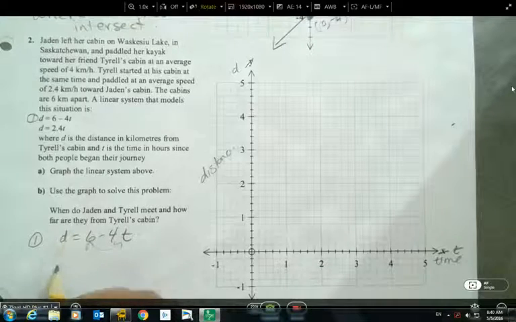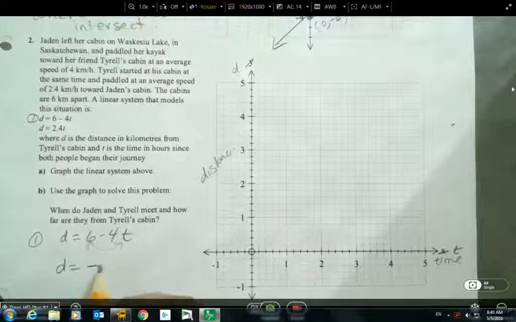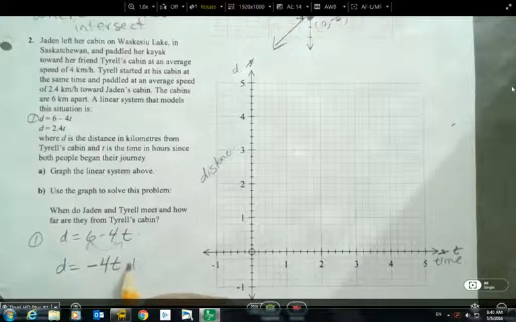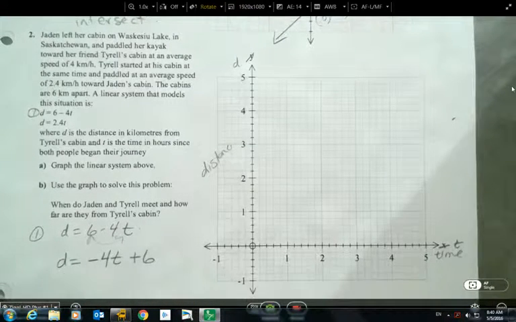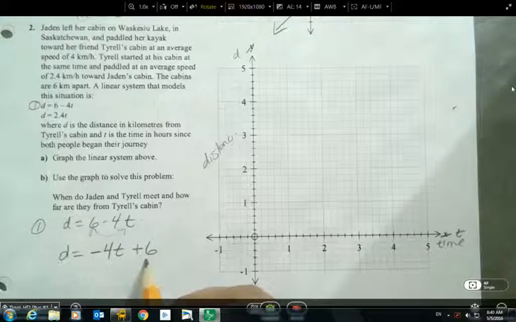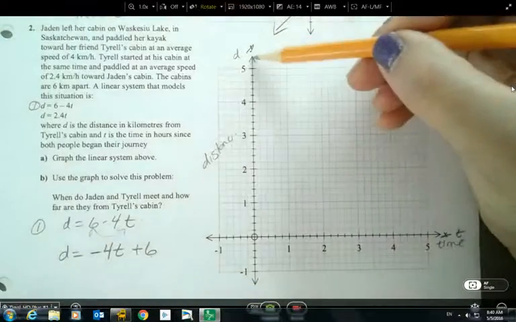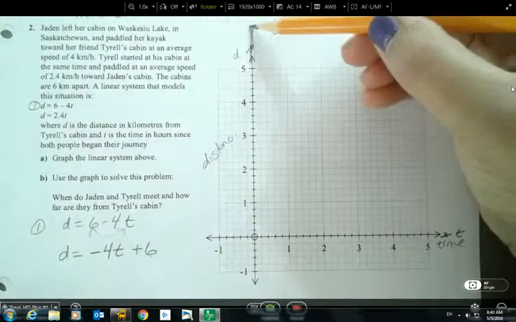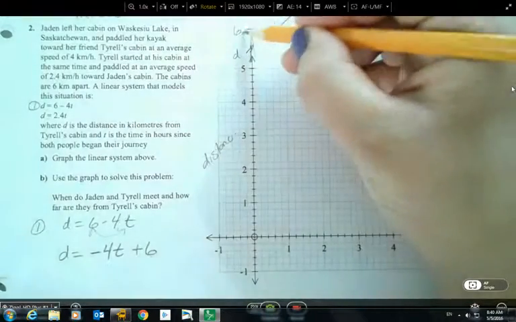What's my rate of change? d equals negative 4t plus 6. Then my y-intercept for this first equation is plus 6, which is off of my graph, so it would be right here.